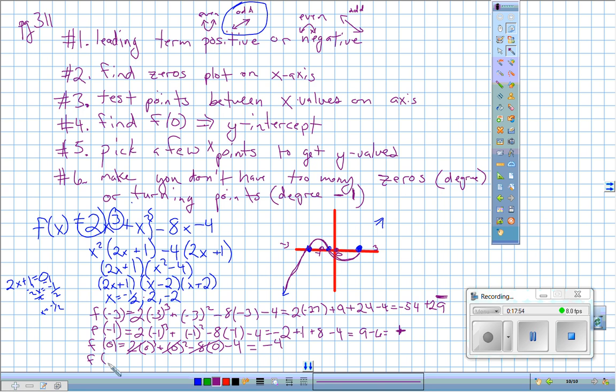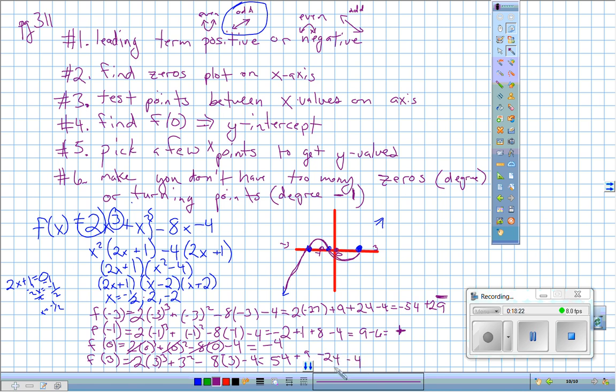My last number to test is f of 3, so I have 2 times 3 cubed plus 3 squared minus 8 times 3 minus 4. Okay, hopefully this should be positive. 3 cubed is 27, 2 times 27 is 54. Plus 3 squared, so plus 9, minus 24, minus 4.